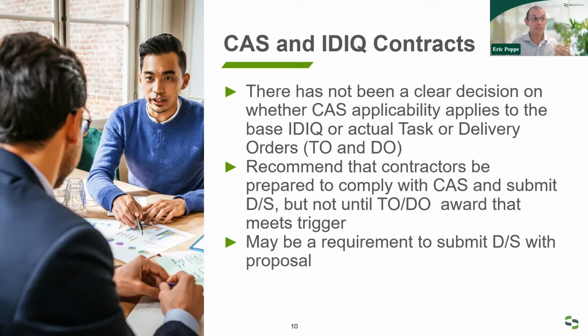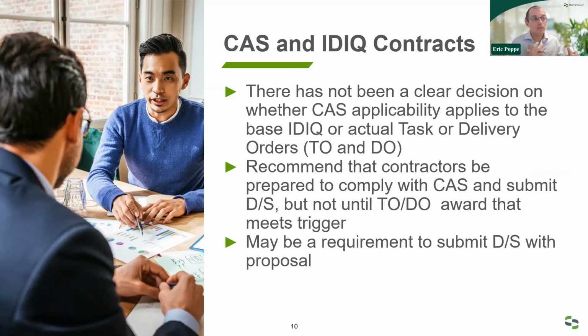Two, if you're on a growth trajectory and will probably trigger the cost accounting standards, looking at your indirect rates, your cost accounting practices, and your estimating, and starting to refine and document those practices is a very good exercise as you grow as an organization. It helps refine your practices, and you can put together the disclosure statement, even though it's not the most fun thing to do, to then be prepared to submit. And again, it might be required as part of that submission.